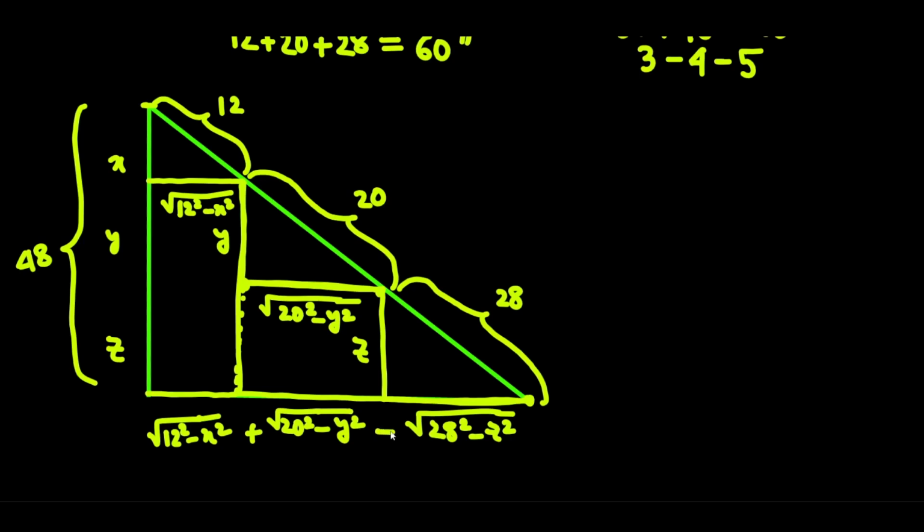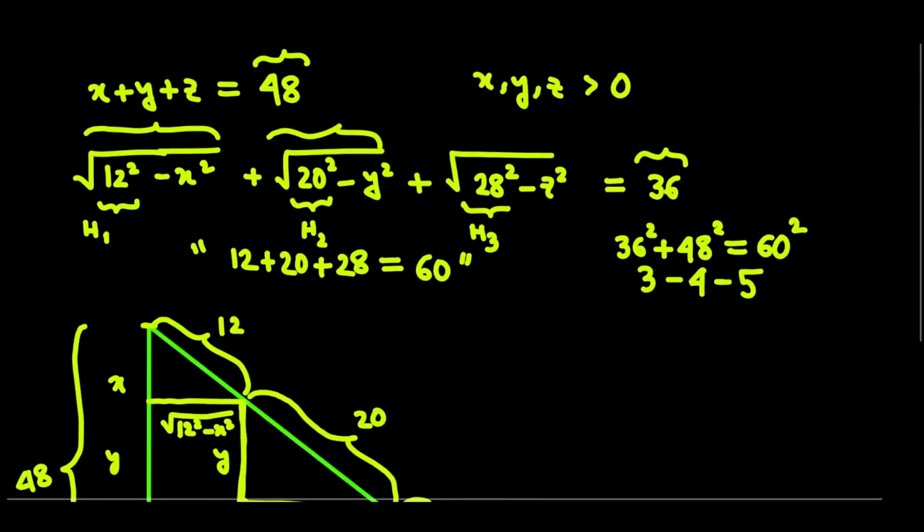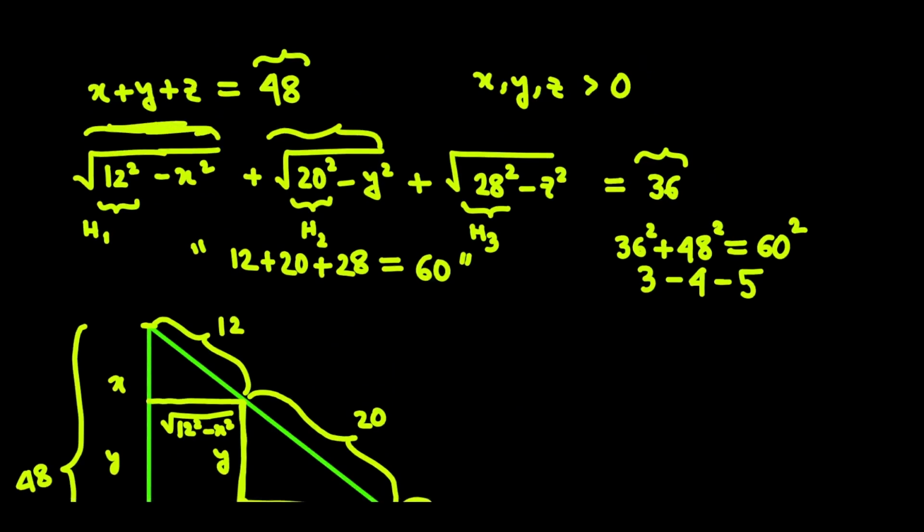So this total part equals 36. This total part equals 48. This total part equals 60. So everything should make sense right now. These are just lengths of three triangles. They are just lengths.